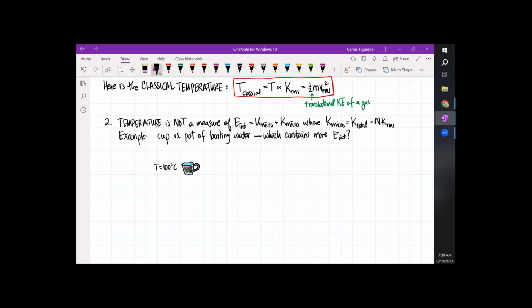Now, if I have a pot, and then let's put some handles on this thing. Well, this pot also has boiling water.